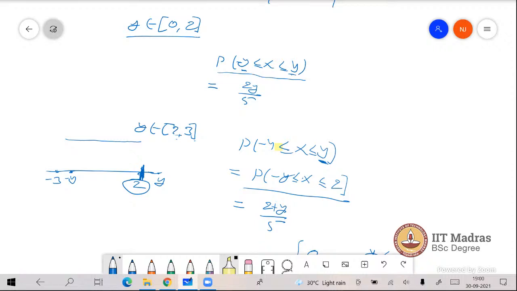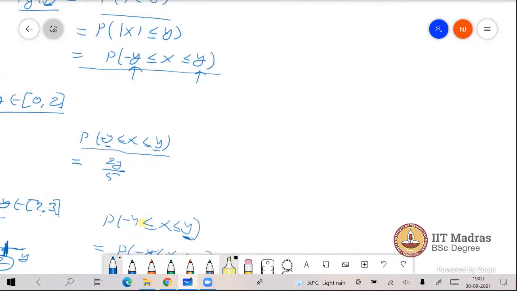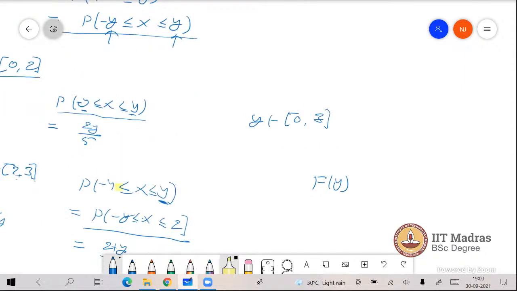No, upper limit. Look, I'm just fixing a y here inside the support of y. My support is y from 0 to 3. What I'm finding is F of y. For example, I'm finding values of F of 0, F of 1, F of 2, and so on, because there are uncountably many points.